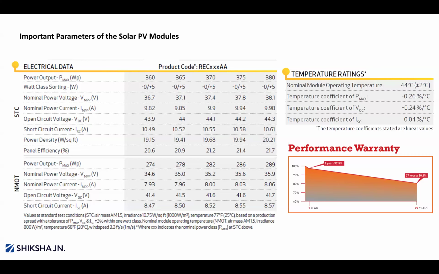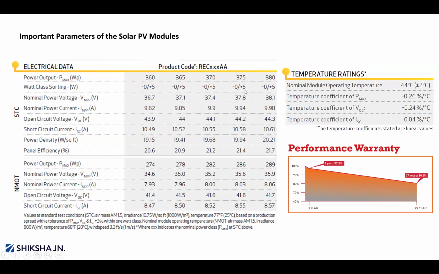This should be very small. They are offering minus 0.26 percent per degree Celsius. That means the above values here are at various standard conditions. These values are obtained at STC, standard test conditions, at 25 degrees.